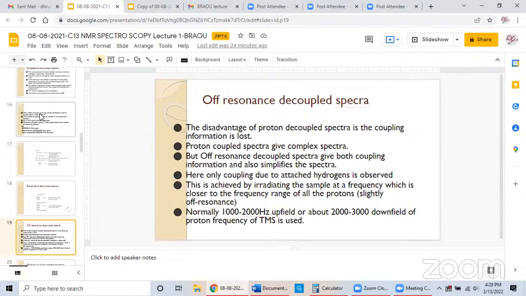You get only the signals due to carbons. But some of the information is lost. So that is the reason why we have another kind of spectra, off resonance decoupled spectra. This gives you more information.